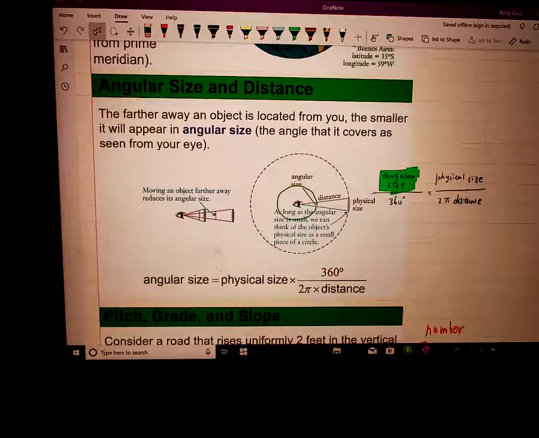The third thing, angular size and distance. The further away an object is located from you, the smaller it will appear in angular size. Angular size is defined as the angle that it covers as seen from your eye. In order to compute the angular size, we have this formula.